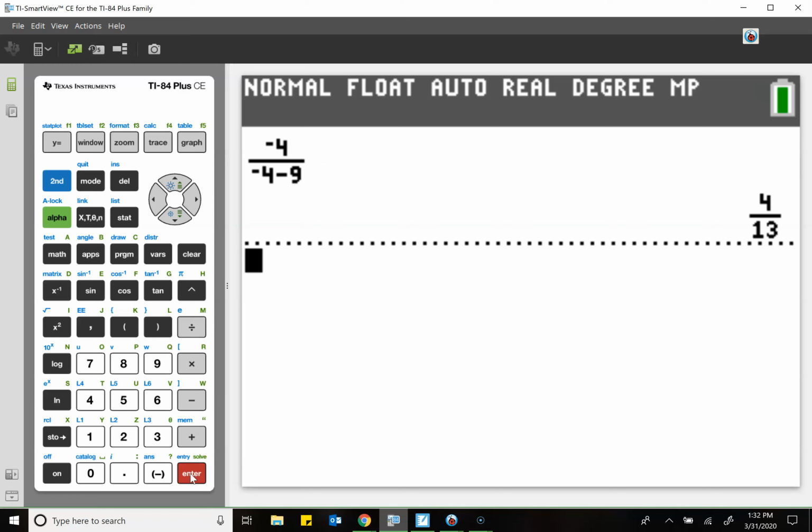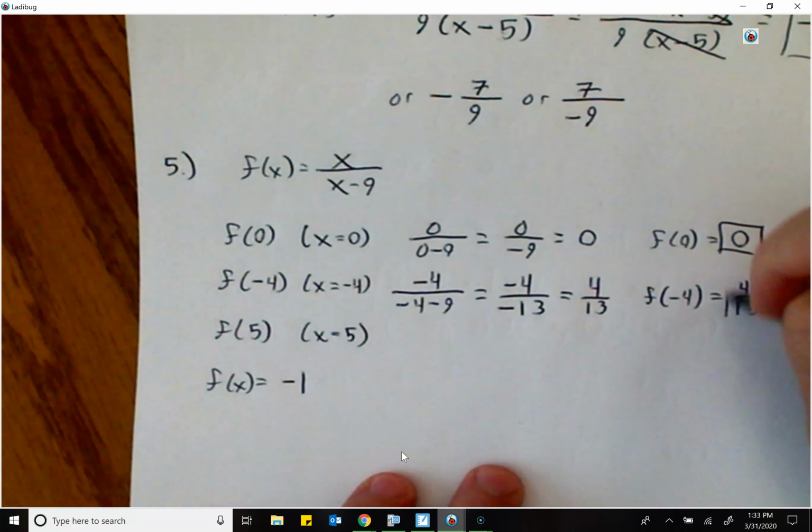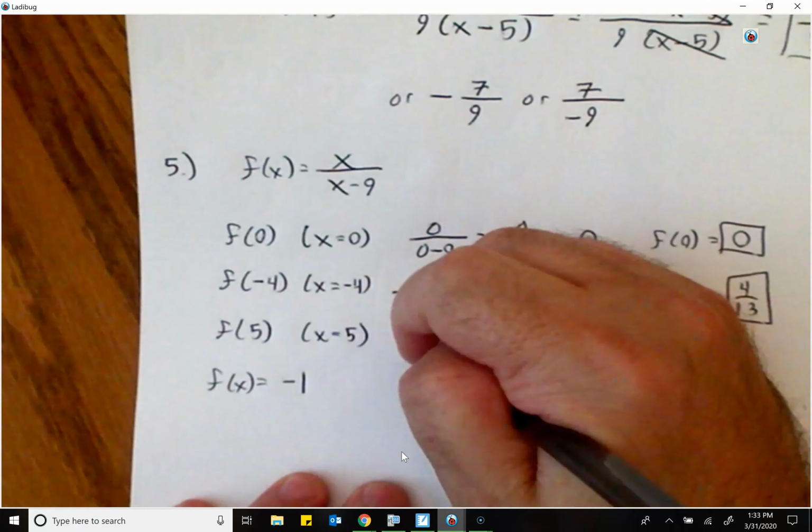So you can use your calculator to help you out too, because it's going to want the fraction answer in the end. And this is also a reduced answer right there. So the calculator will always kick out the reduced answer. So for f of negative 4, the answer was 4/13.